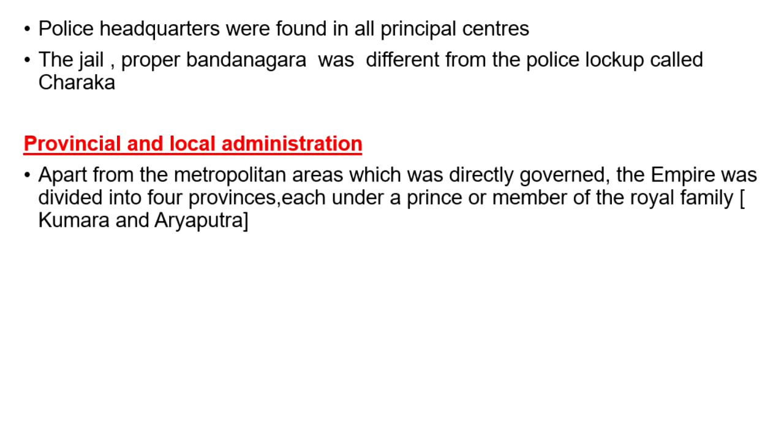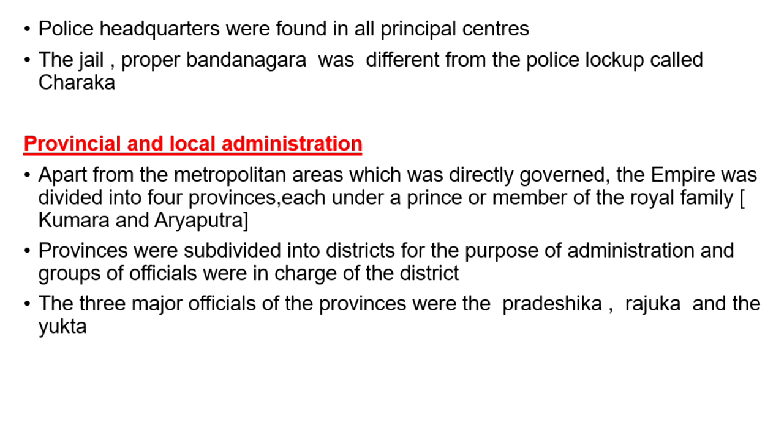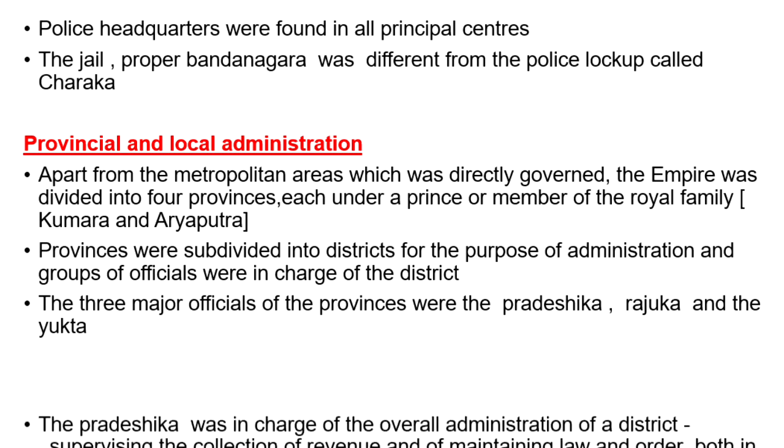Apart from the metropolitan areas which were directly governed, the empire was divided into 4 provinces, each under a prince or member of the royal family, Kumara and Aryaputra. Provinces were subdivided into districts for the purpose of administration, and groups of officials were in charge of the district. The 3 major officials of the provinces were the Pradeshika, Rajuka and Yukta.